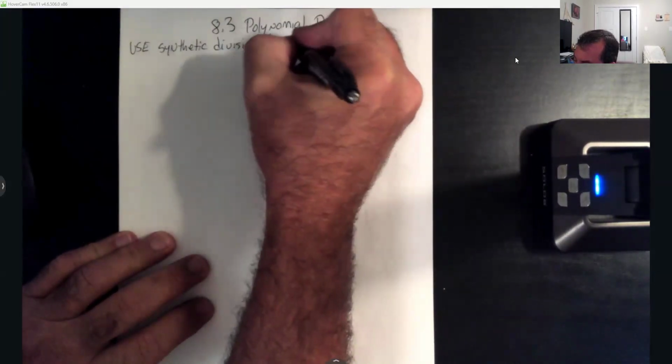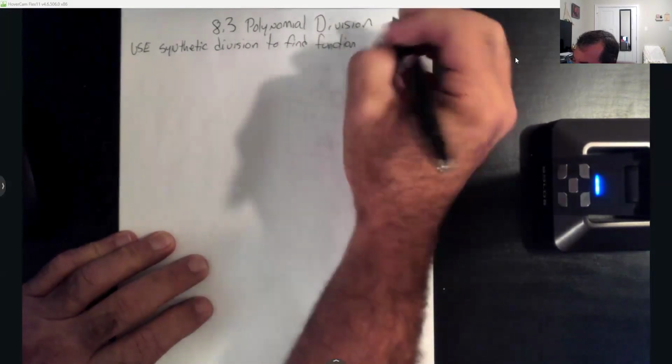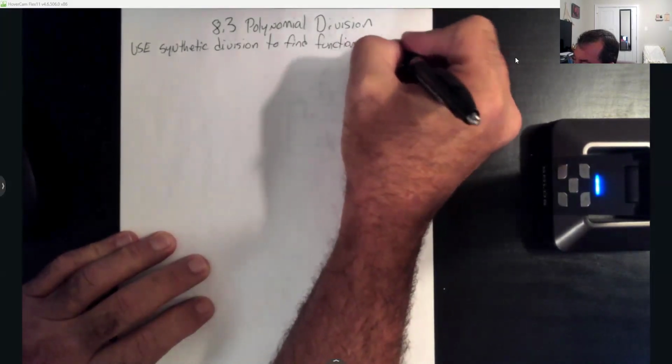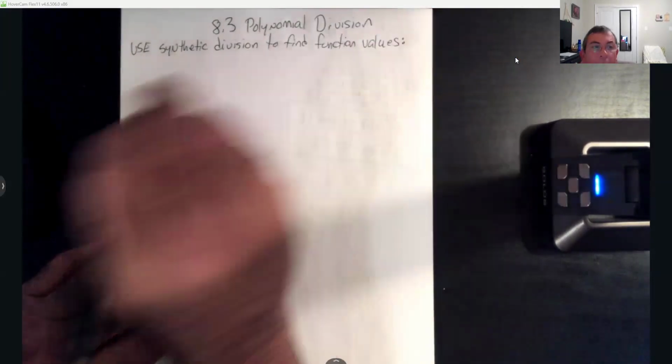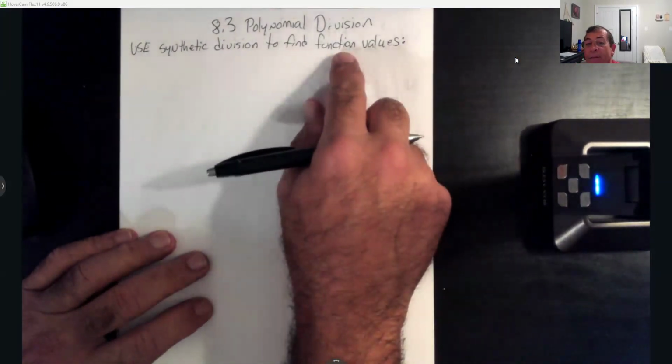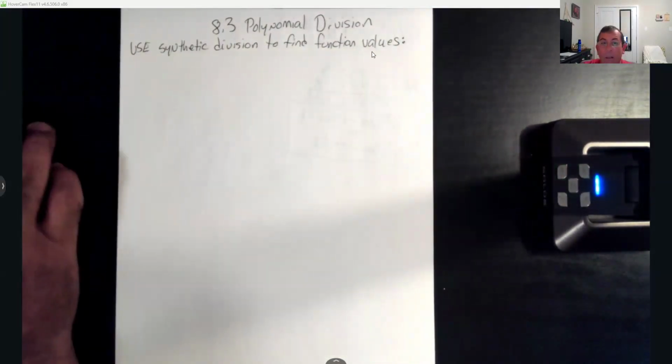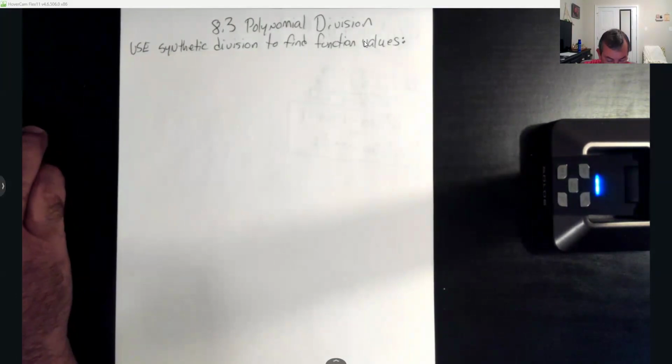to find function values. So when using synthetic division to find function values, all right, let me let one in real quick.